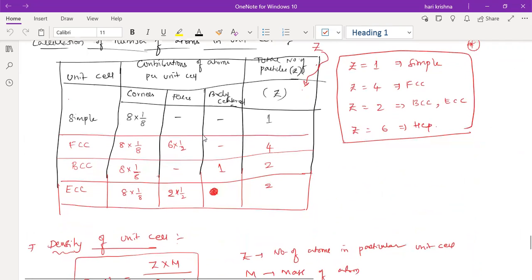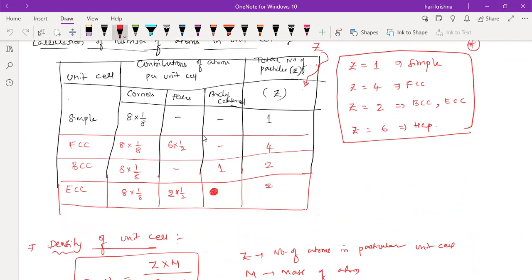Now, when you use the contribution, in the case of simple unit cell, we have only atoms at the corners. So 8 atoms will be there at the 8 corners and each atom will contribute only 1/8, right? And there is no atom at the faces or the body center. So 8 into 1/8 is equal to 1.